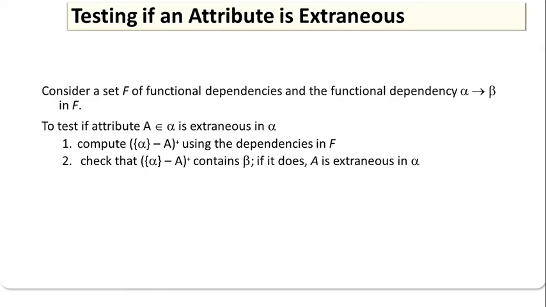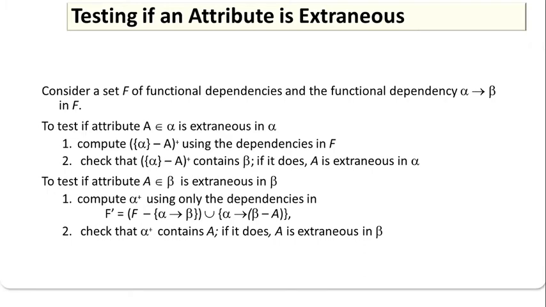If it does, A is extraneous in alpha. Then for testing if attribute A belonging to beta is extraneous in beta, compute alpha plus using only the dependencies in F dash, that is F with alpha determines beta replaced by alpha determines beta minus A. Check whether alpha plus contains A; if it does, A is extraneous in beta.